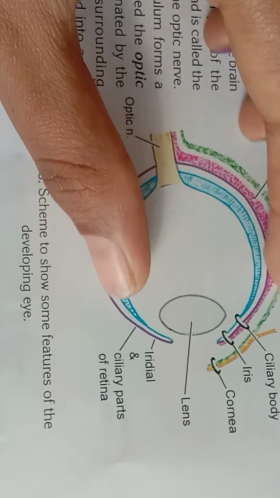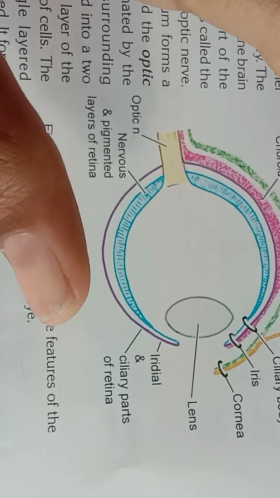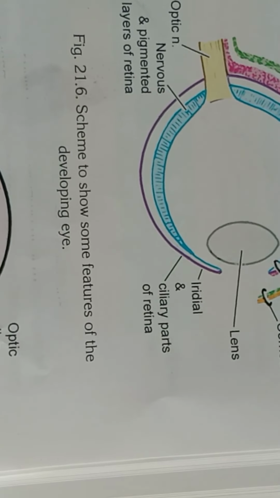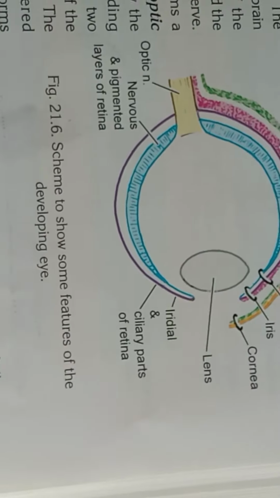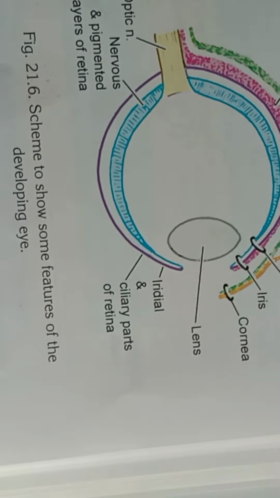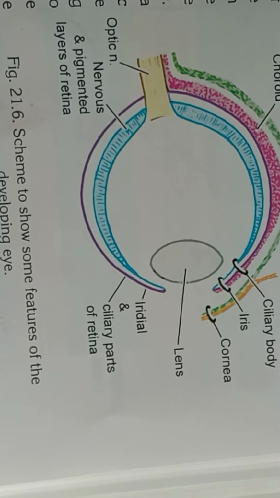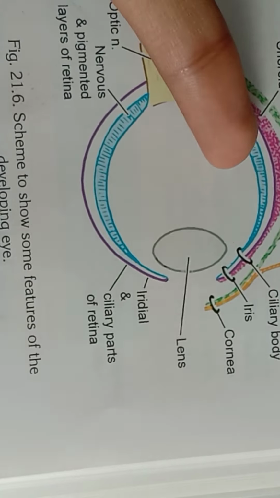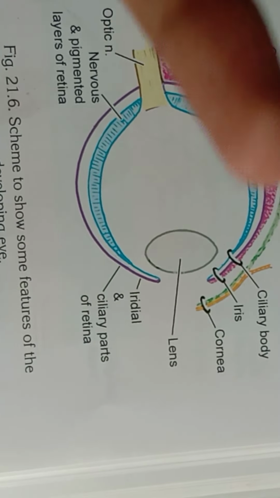Only a two layered structure is formed at first, and then the other layers start forming. The hollow structure is first known as the optic vesicle. The optic vesicle is invaginated by the lens so that it converts into the optic cup. So first the optic stalk, next the optic vesicle, and next the optic cup.